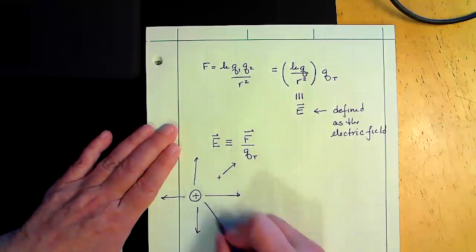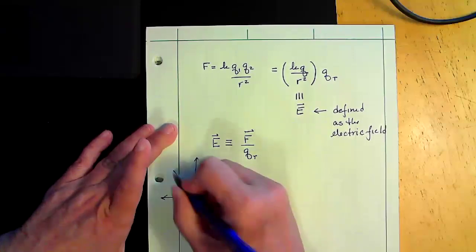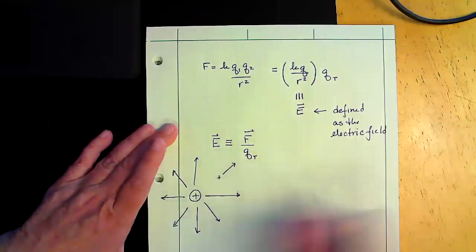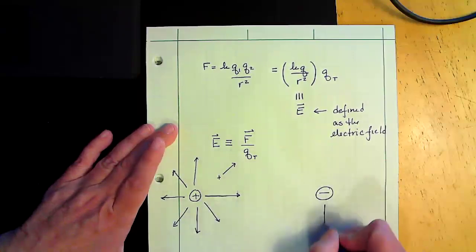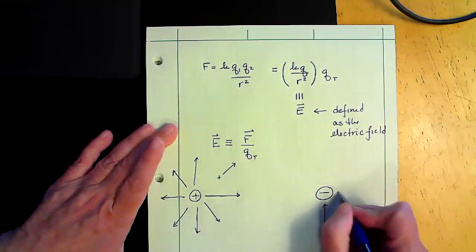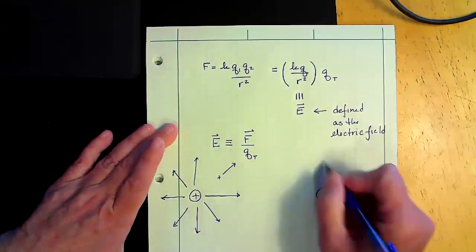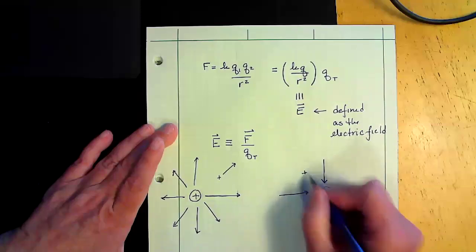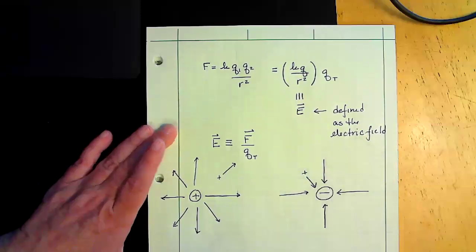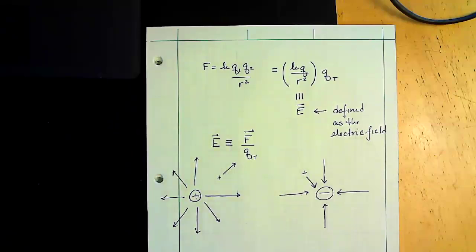Now, what's a little different, because we're dealing with electrostatics here, is that if I have a negative charge, it's going to look more like what we're familiar with in terms of gravity. My test charge is going to be drawn into my negative charge. So those electric fields are going to look just like that.